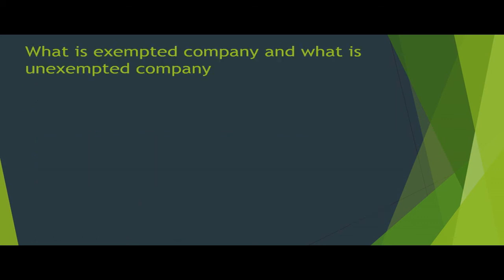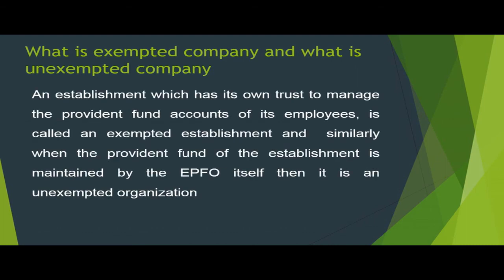Understanding what is an exempted company and what is an unexempted company. By now you would be knowing what is an exempted company. It is an establishment which has its own trust and manages the provident fund accounts of its employees through a trust. Such establishments would have opted for an exemption from the EPFO and they manage their own funds.